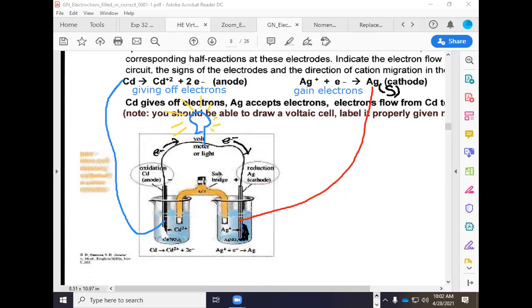So you could set up a system like this, and you could either have a voltmeter, which would register the electrons going through, or the electrons could go through the light bulb, and then they would make light. You would have the electrical energy being transformed into light energy. So it says voltmeter or light.